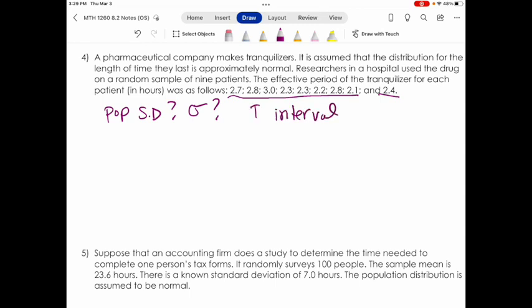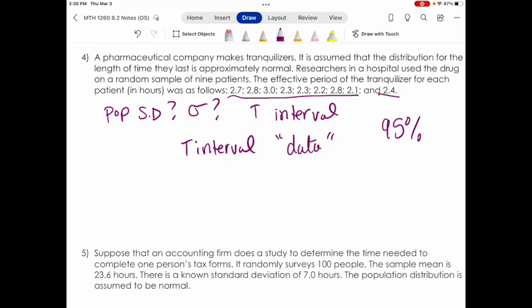Now we don't know what the sample mean or standard deviation is, but we can figure that out from the calculator, either using one variable stats or when we go directly to do the t-interval. I would suggest to do it all in one step. We can do t-interval, and we can just use the data option on that. And we're going to create a 95% confidence interval.